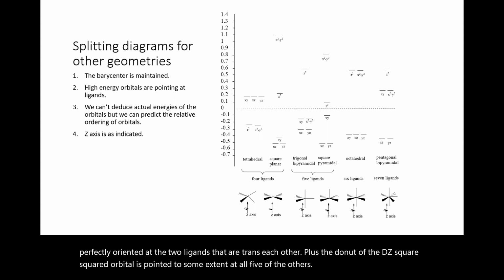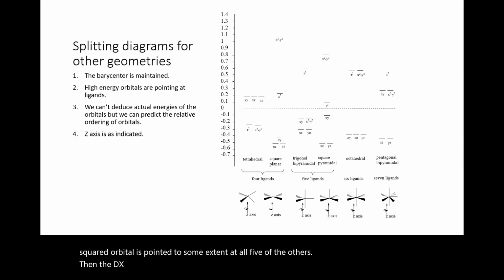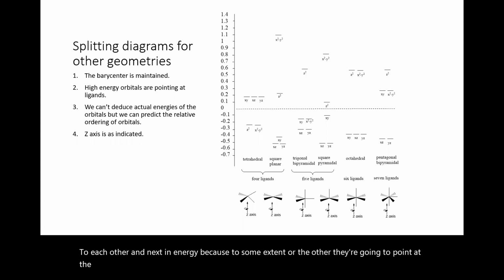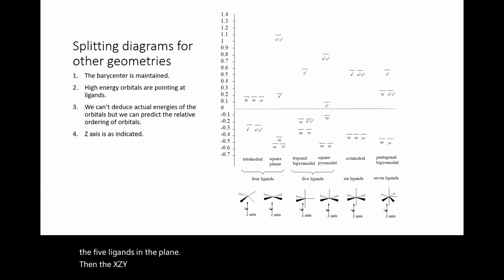Then the dxy and dx squared minus y squared orbitals are equivalent to each other and next in energy, because to some extent or the other, they're going to point at the 5 ligands in the plane. Then the xz and yz are in between orbitals and therefore the lowest energy in those cases.